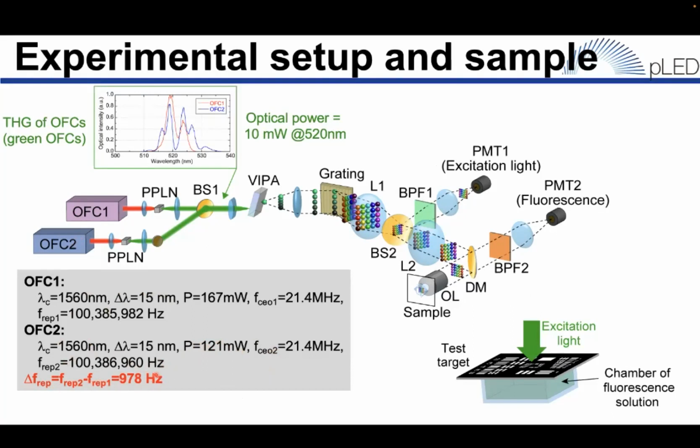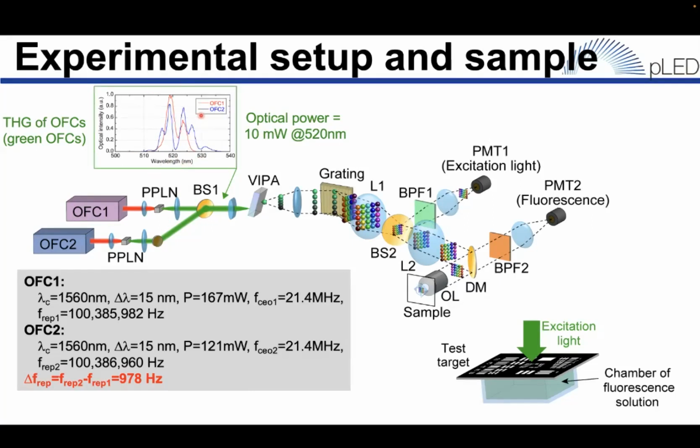So this is the maximum imaging rate of the present spatially multiplexed PM3. The comb light from OFC1 and OFC2 is converted into THG light around 0.52 micrometer.